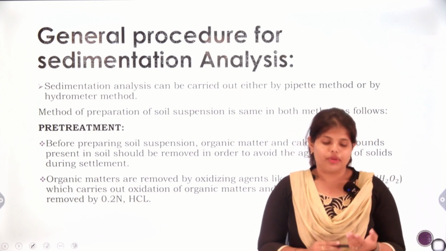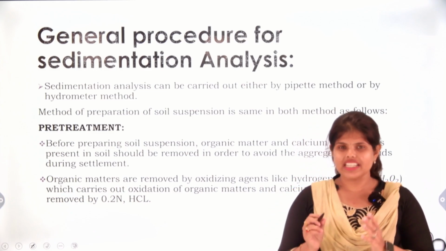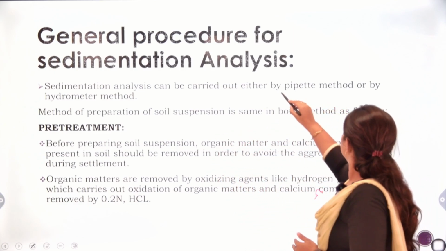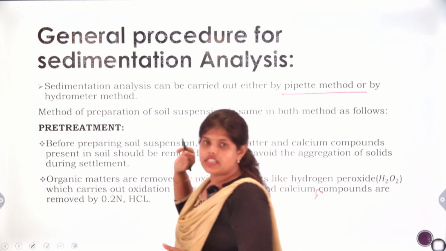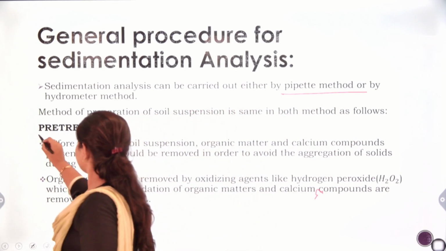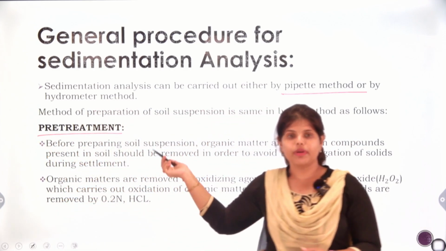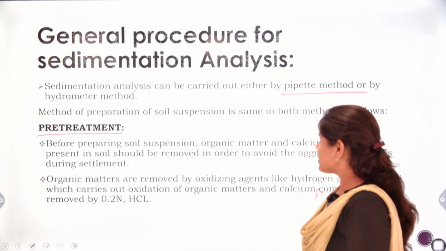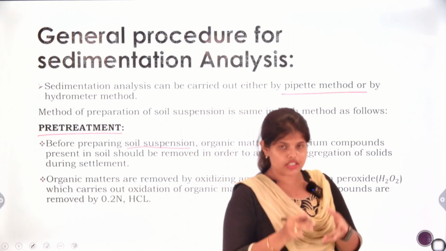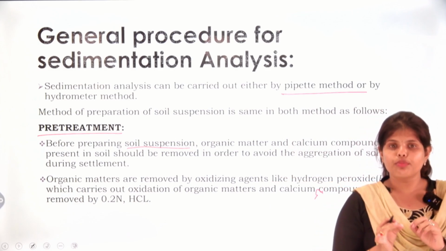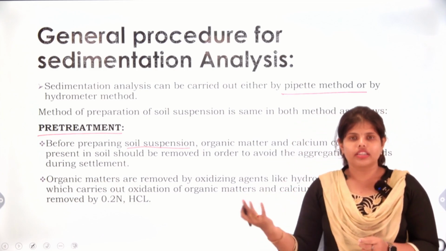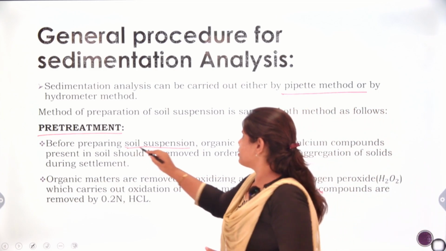The method of preparation of the soil suspension is the same in both methods, but we do some pre-treatment first. When soil settles down, weak bonds form between the particles.